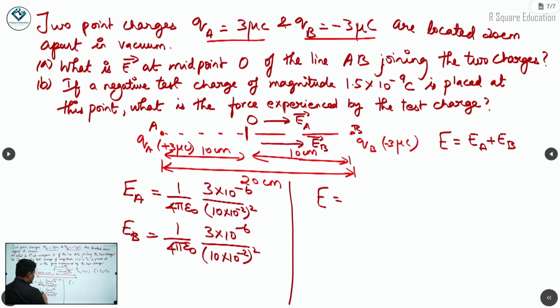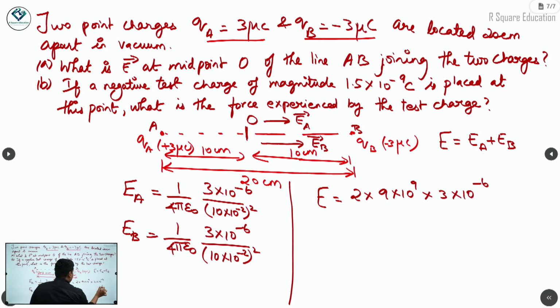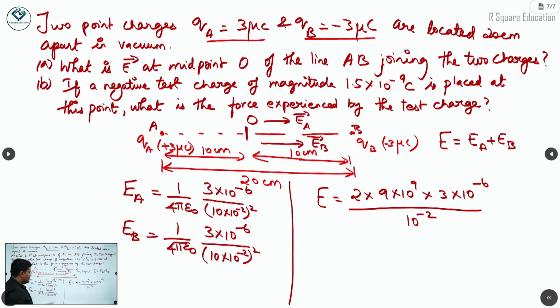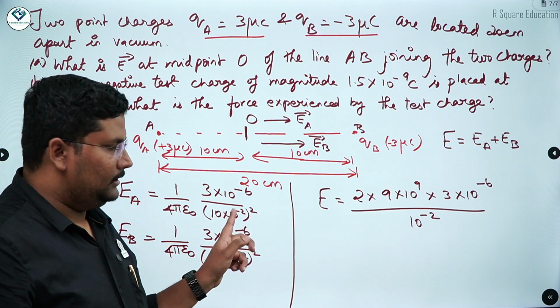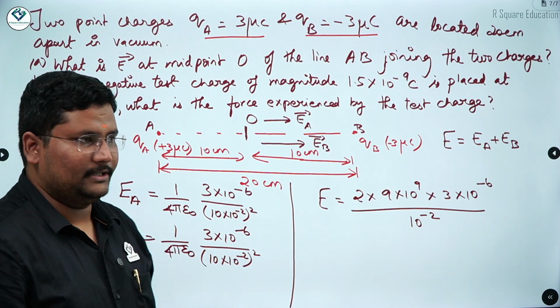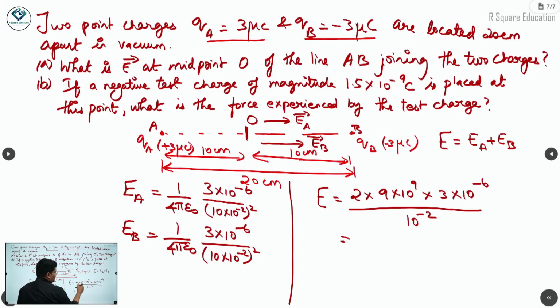So 1 by 4 pi epsilon naught, you can take it as 9 into 10 power 9, so 2 into 9 into 10 power 9, into 3 into 10 power minus 6 whole divided by 10 power minus 2, because 10 into 10 power minus 2 is 10 power minus 1, whole square is going to be 10 power minus 2. So what you will get? 18, 18 3s are 54, right?